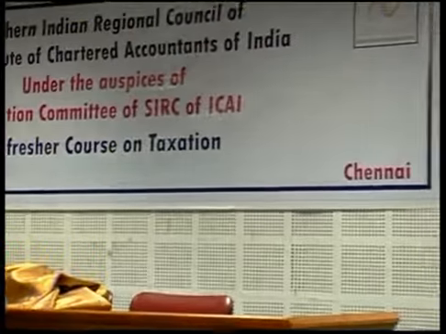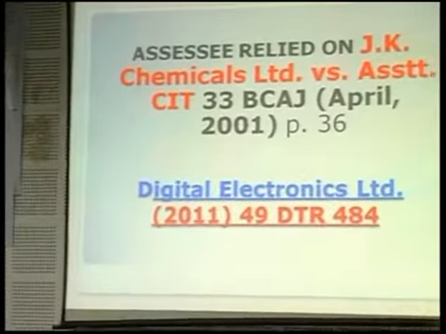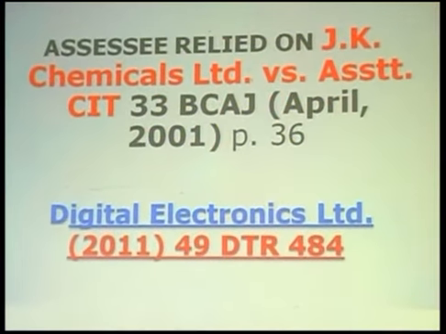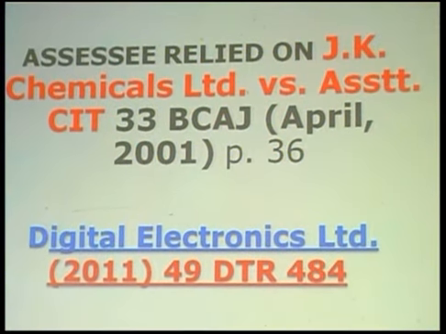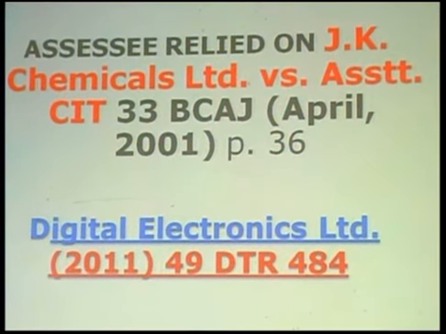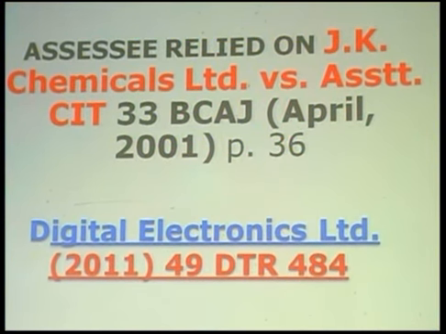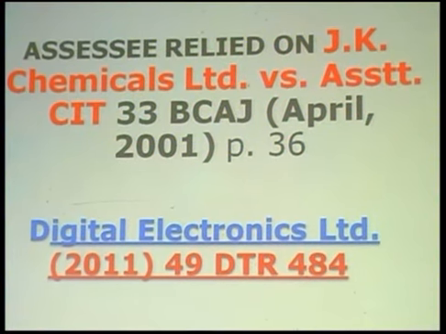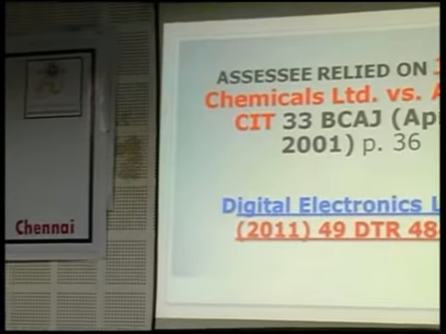In this particular case, the assessee relied on an earlier decision of the tribunal. I have given you the citation of that. It's an unreported judgment, a tribunal order. The assessee relied on a case, JK Chemicals Limited versus ACIT. See, that was a case in which I told you the reverse situation.